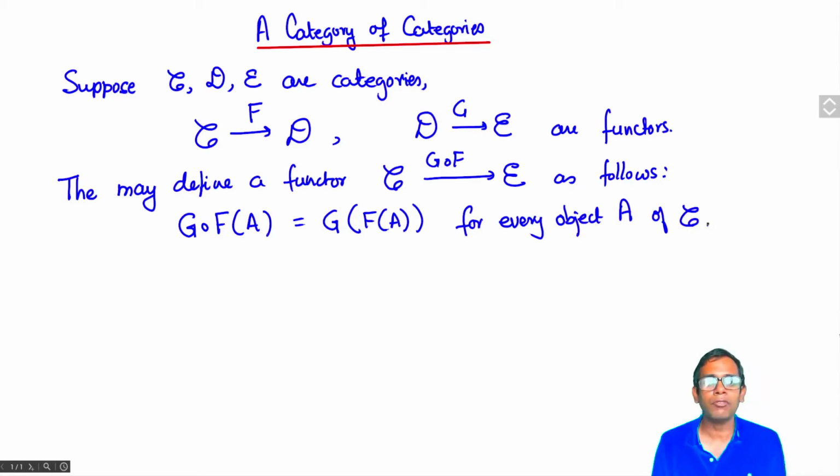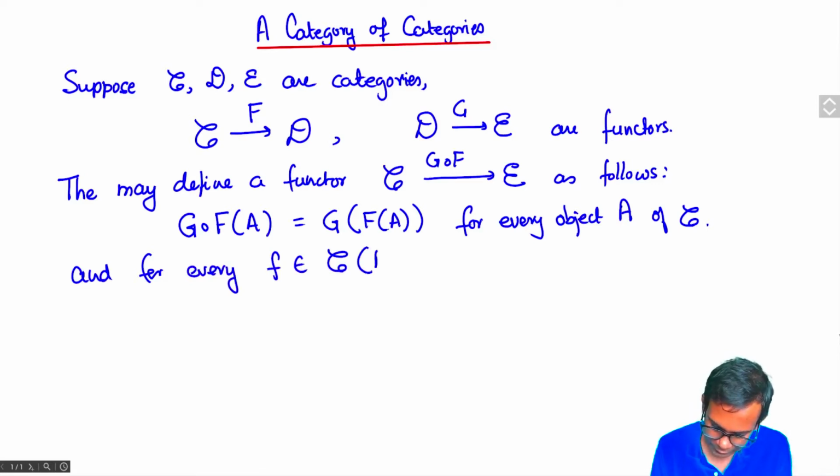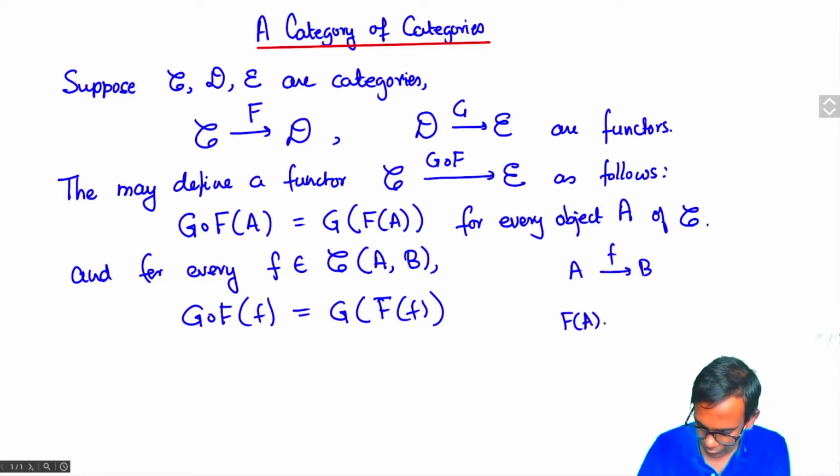On the level of morphisms, we can define it similarly. For every arrow f in the category C from A to B, we can define G circle F of f to be G of F of f. Notice here that f is from A to B, and then F of f is from FA to FB.